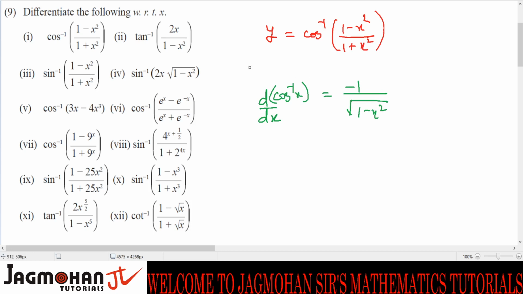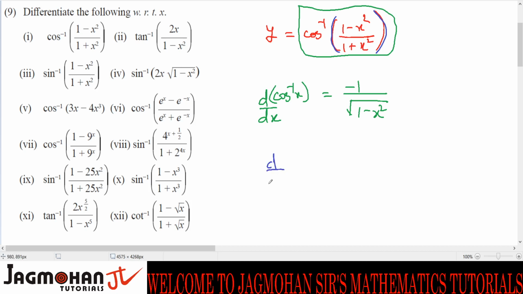But the difficulty here is we don't have to differentiate cos inverse x, it is cos inverse of this, which makes this a composite function.